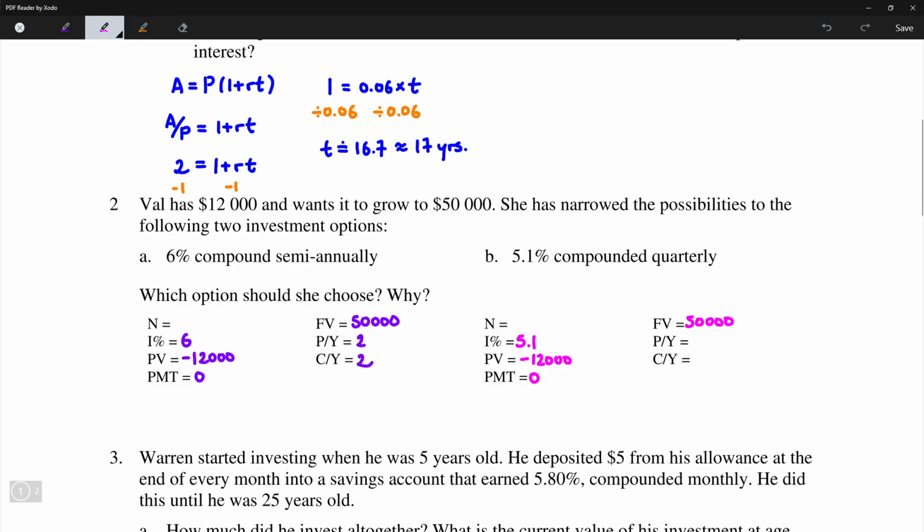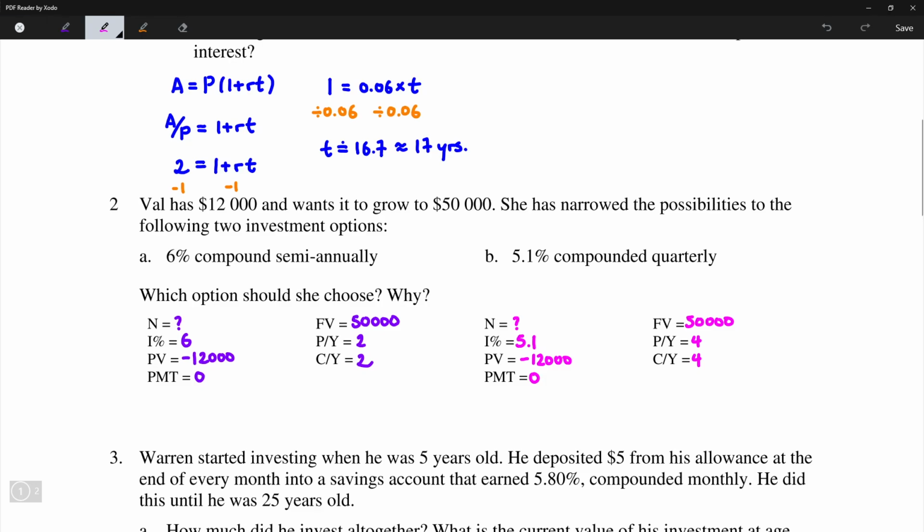And here it is compounded quarterly, so both these values will be 4. So from there, we just need to find out what n is. And whichever one of the two answers has the smaller value of n, once they have the same unit, is the better option, because it will take less time.